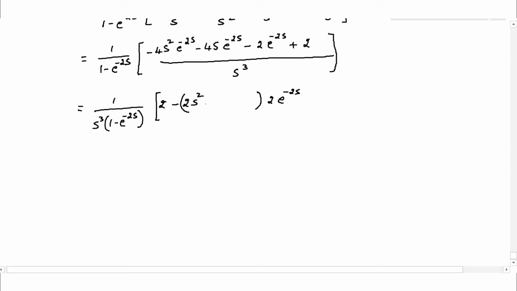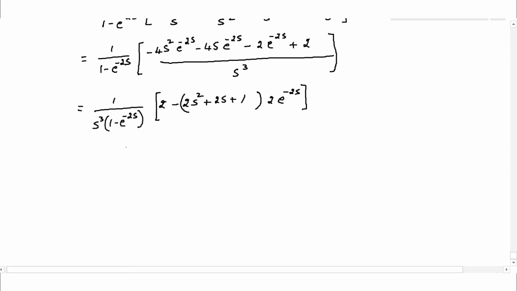The second term, negative sign is already taken, that will become positive. 2 is taken common outside, you will be left with 2s. Then here negative sign is taken common outside, positive will become 2 e power of minus of 2s is taken outside, you are left with 1. So that will be the expression in the numerator.